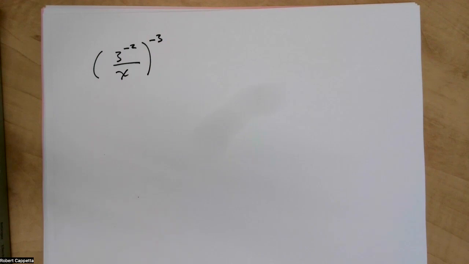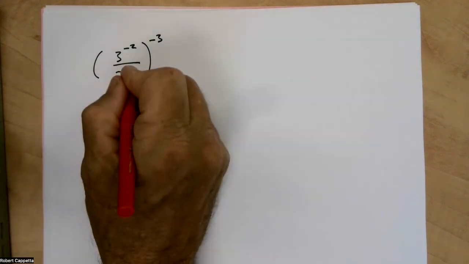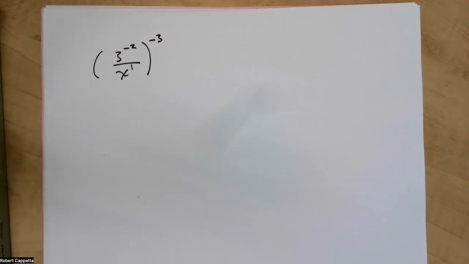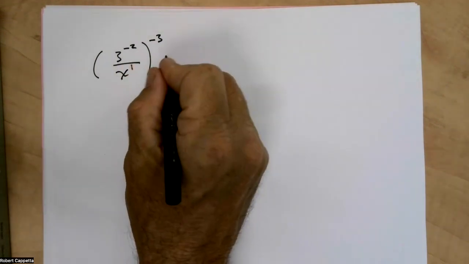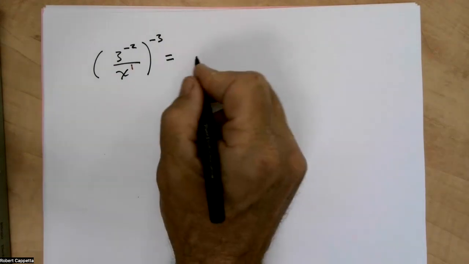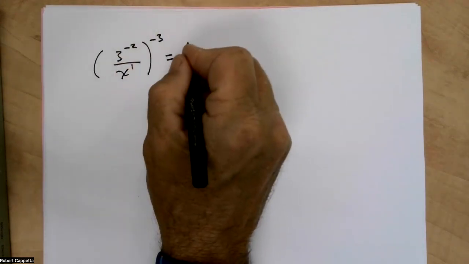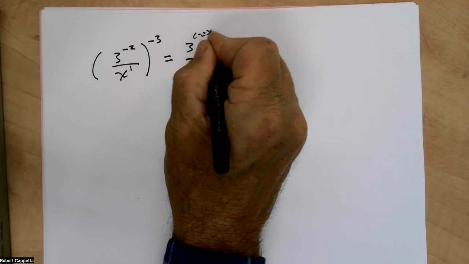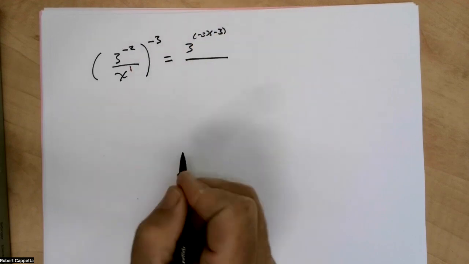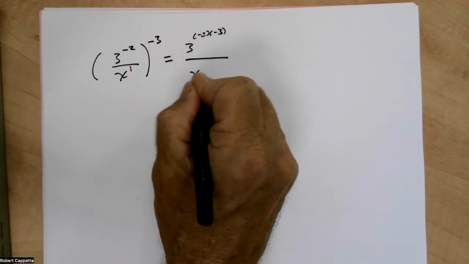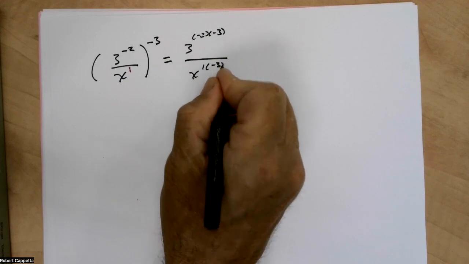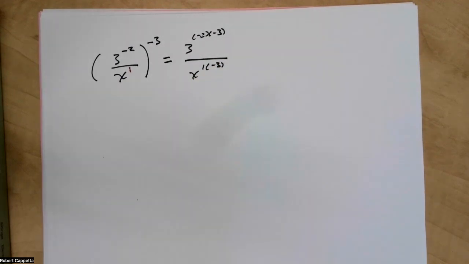Well, the rules I like, again, give each exponent of 1 if something is missing an exponent, so x doesn't have 1. When you raise a power to a power, you multiply the exponents. So 3 to the negative 2 times negative 3 over x to the 1 times negative 3.